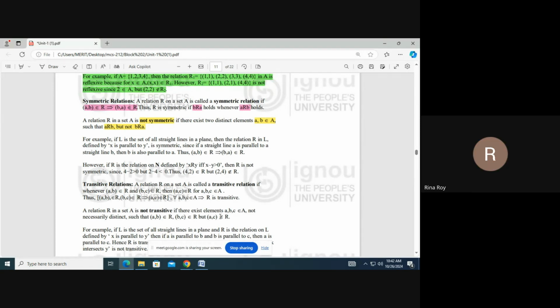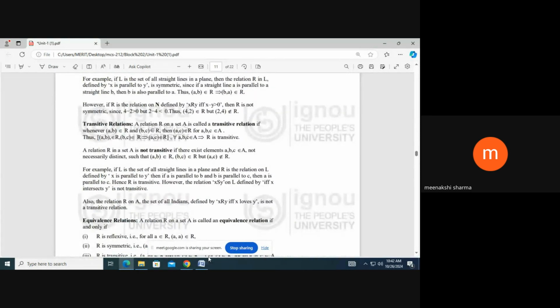Yes, ma'am. Then another one is the transitive relation. Read this, then I will explain. Highlight with green color, read this, then I will define the transitive relation.